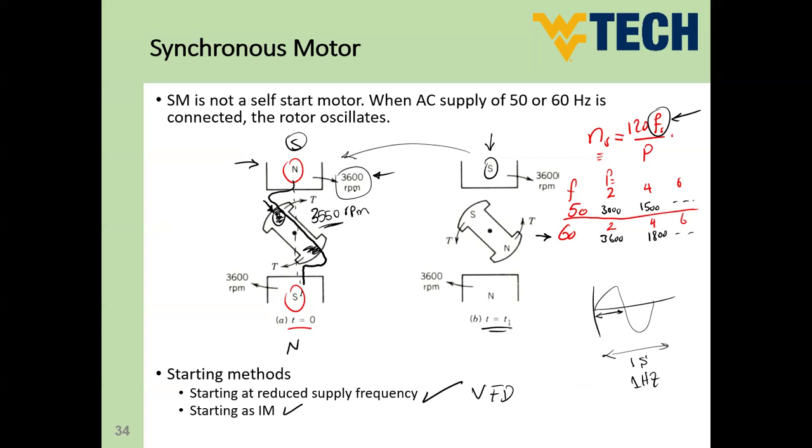Once we have this speed, guys, connect the supply to the field winding. When you connect the supply to the field winding, now you will create the poles. So in this case, the relative speed is going to be very small, and it can catch the rotating field of the stator, and it will continue rotating with the same speed, which is 3600.